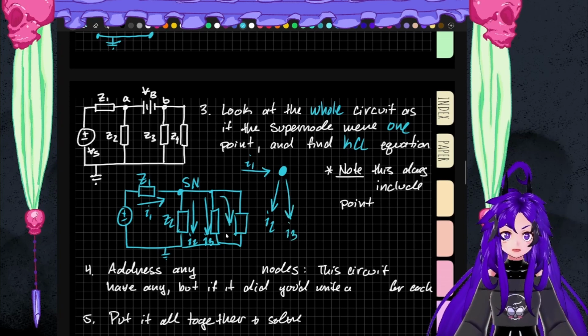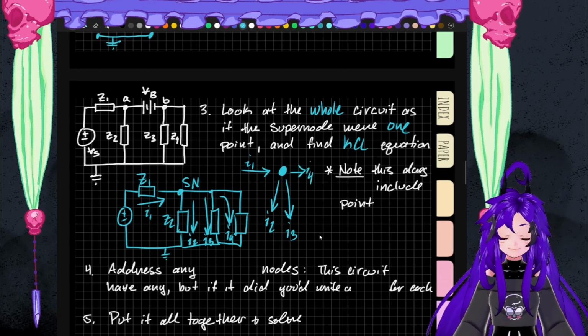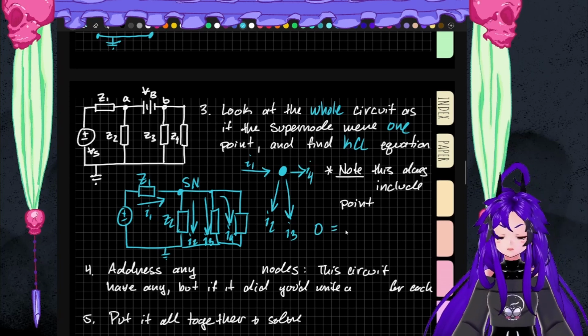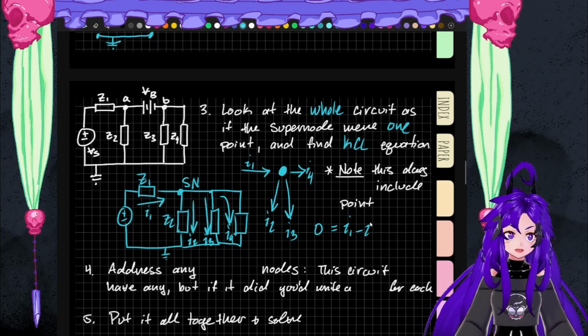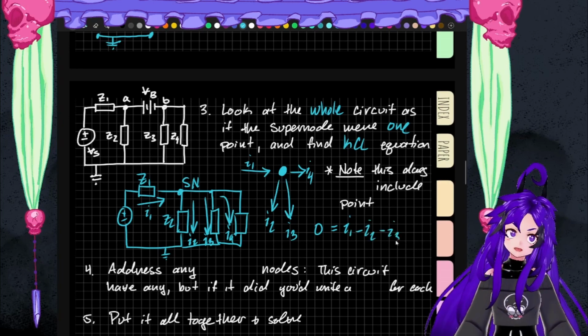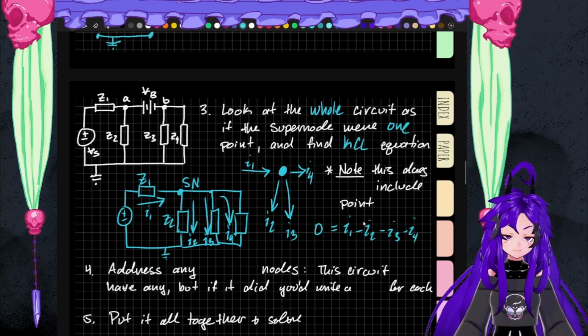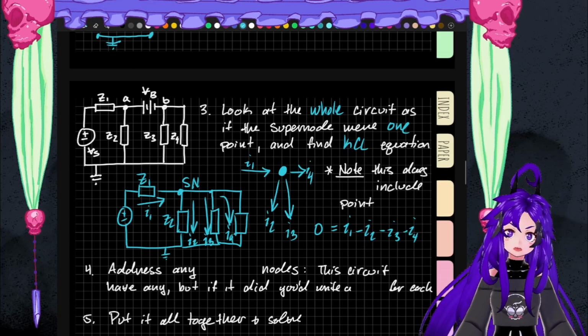And then some current I4. And so we're going to have our KCL equation. We're going to have 0 equals I1 minus I2 minus I3 minus I4. Right? Easy peasy.